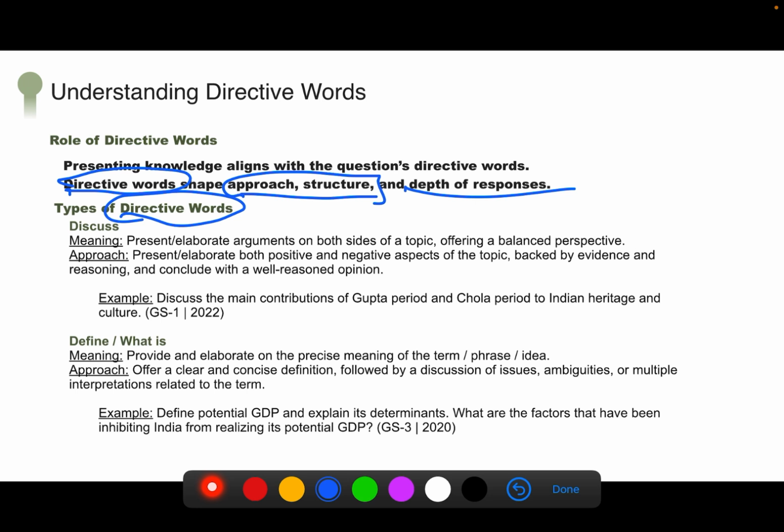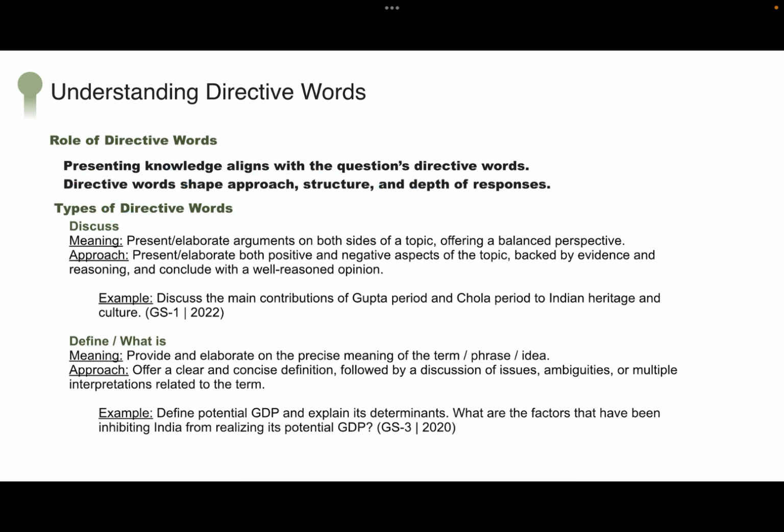There are several types of directives, like the question may pose discuss, define, elucidate, evaluate, critically analyze. These are different directives which we will be discussing one by one for having a brief understanding of what essentially the meaning of these terms is, and how we interpret these directives in answering the given question.